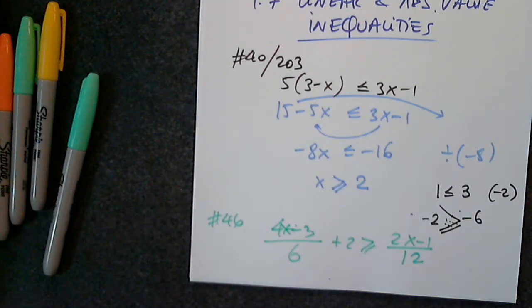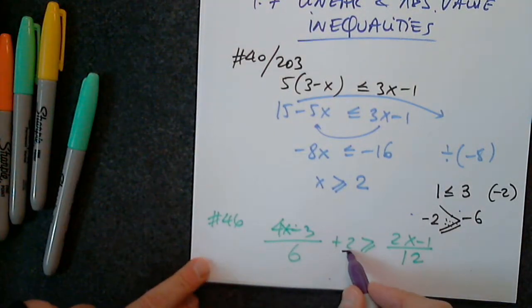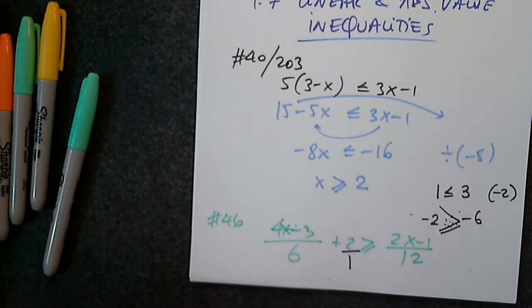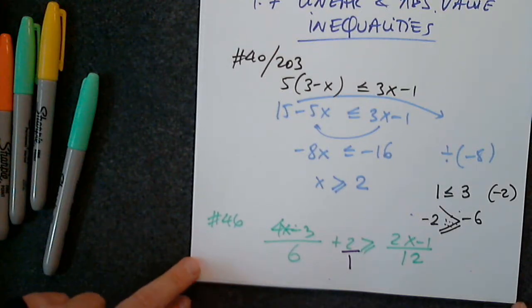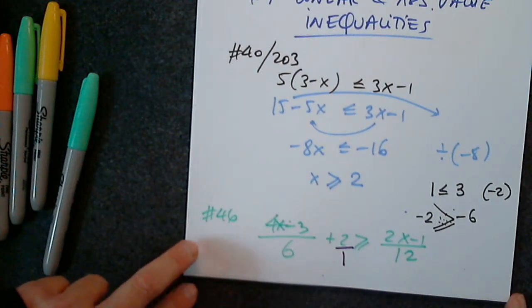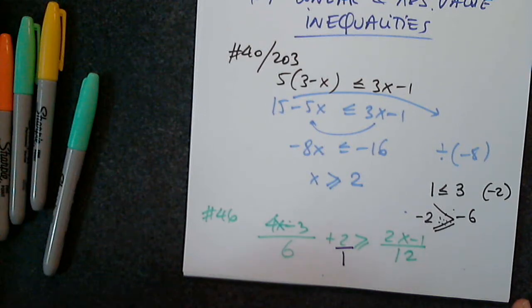So I see 3 fractions, and you will give me the least common denominator, which is not the greatest common factor, but the least common denominator.